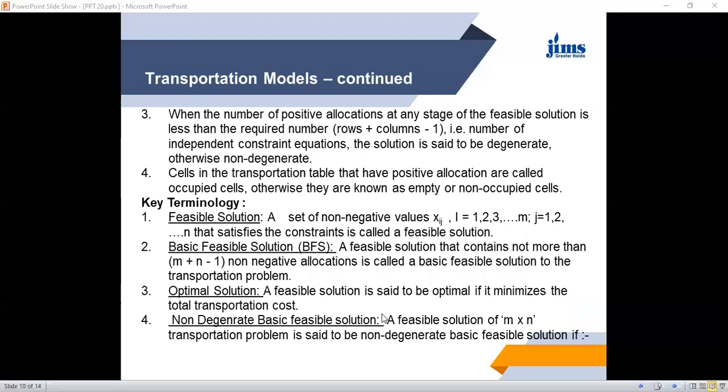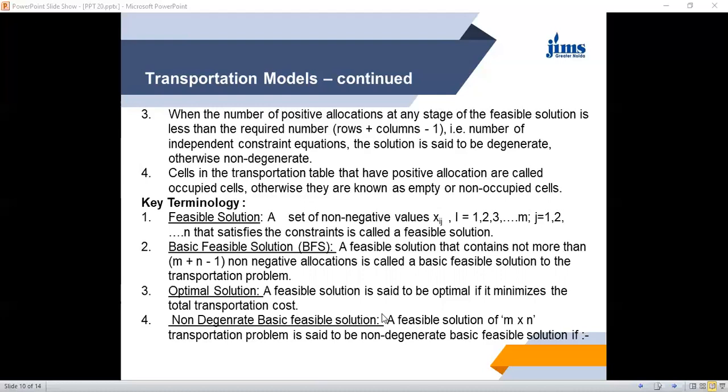Now we try to understand the key terminology. One is the feasible solution, a set of non-negative values. There cannot be any negative values because you cannot supply a negative quantity from any source to any destination. Supply of negative quantity implies what?